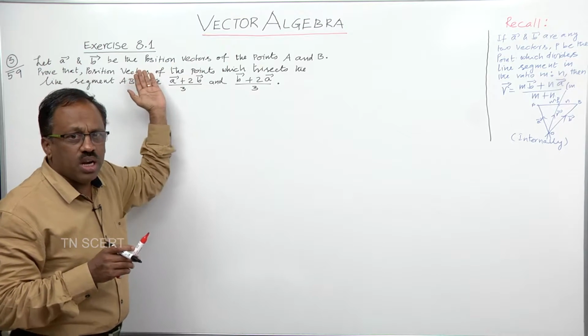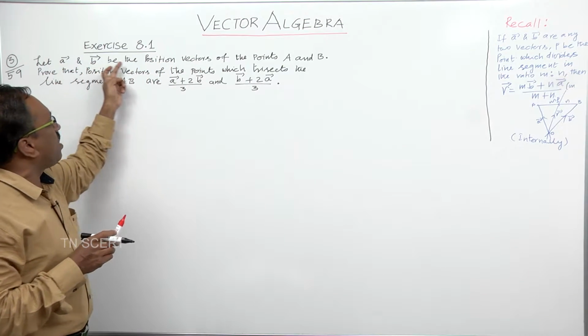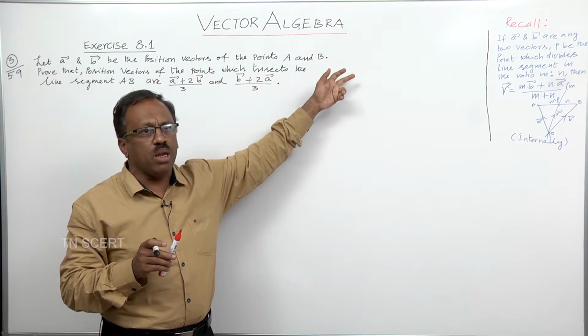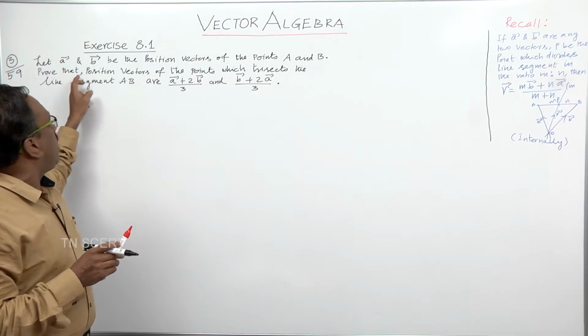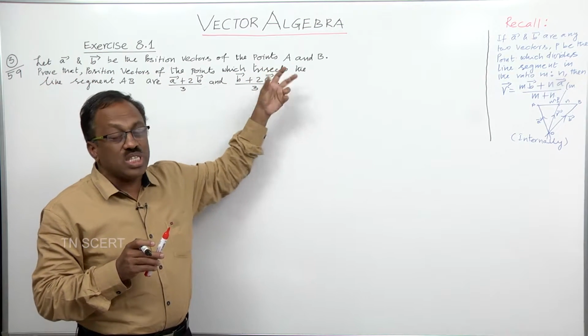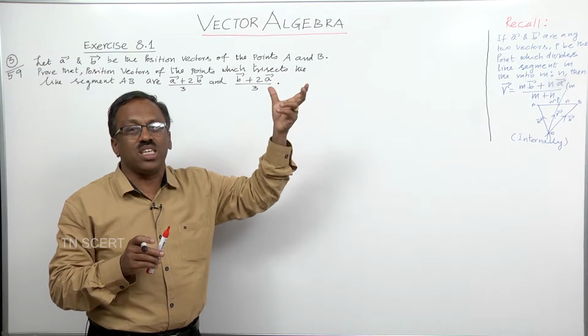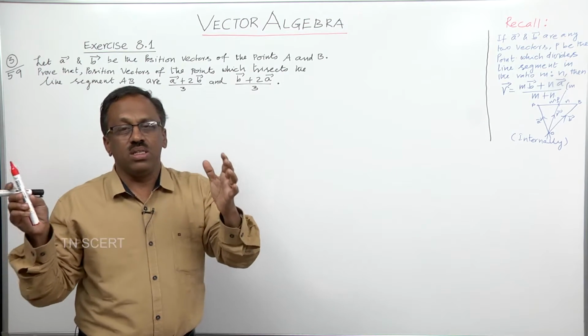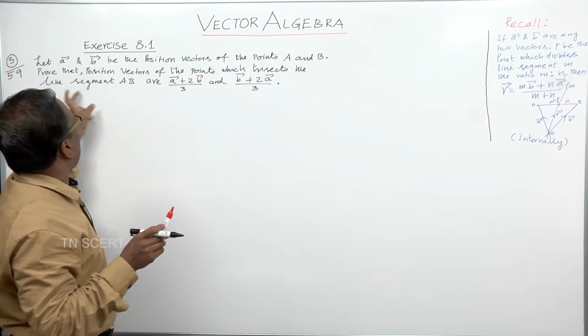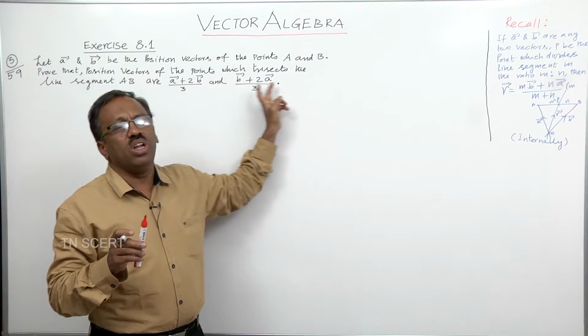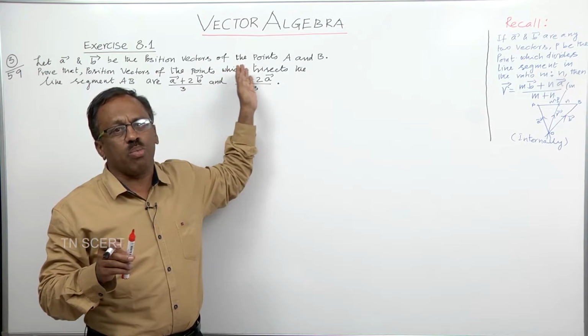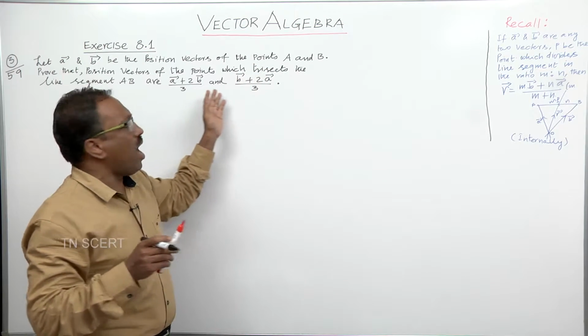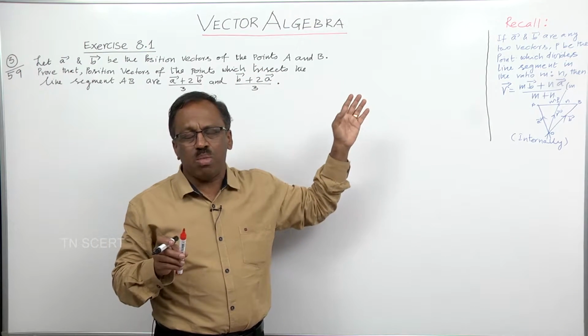See the problem here. Let A vector and B vector be the position vectors of the points A and B. Prove that the position vectors of the points which trisect, trisect means divide, the segment AB are two different results: (A vector plus 2B vector) by 3 and (B vector plus 2A vector) by 3.